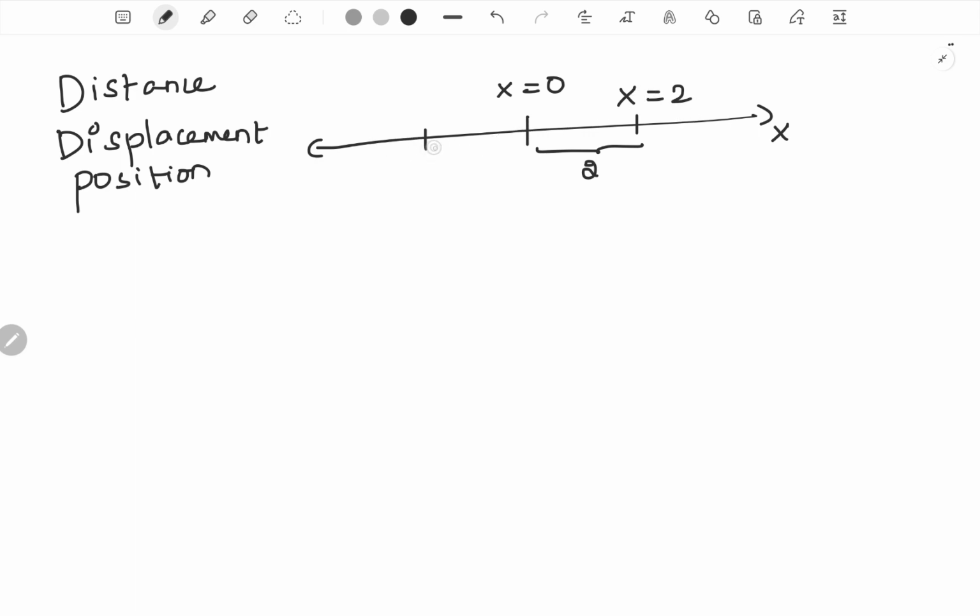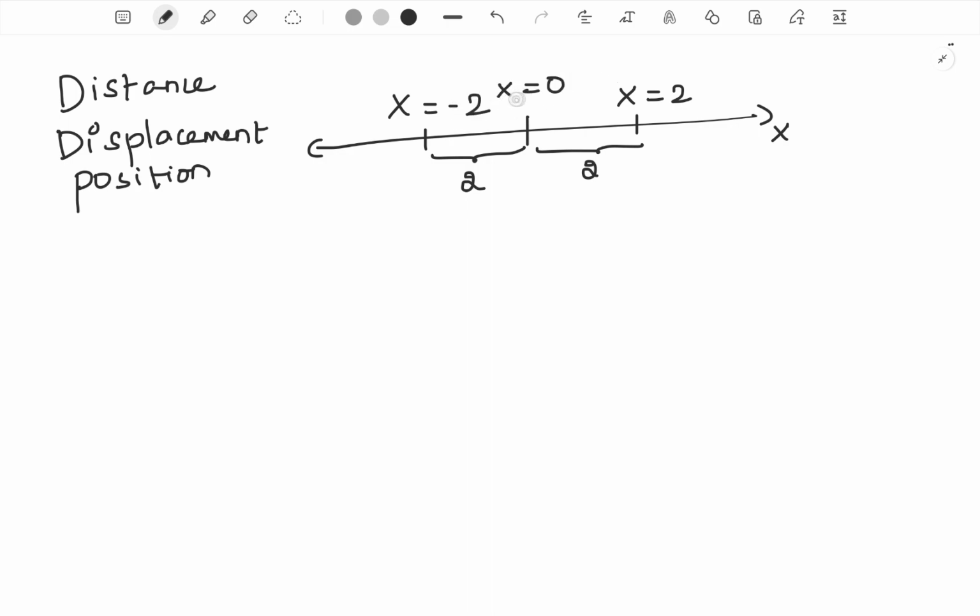If the same particle, or the object that's moving on the x-axis, is 2 units to the left, then its position is said to be minus 2. So in one case, when it's to the right of the reference point, its position is plus. In the other case, when it is to the left of the reference point, it is minus.